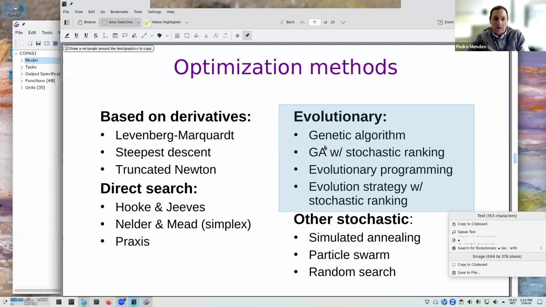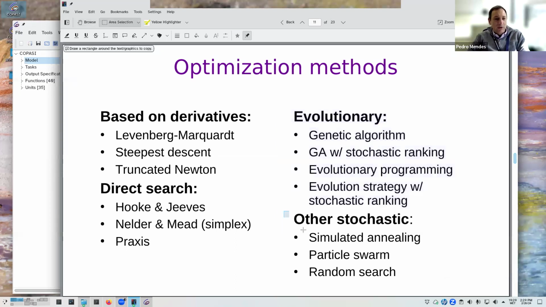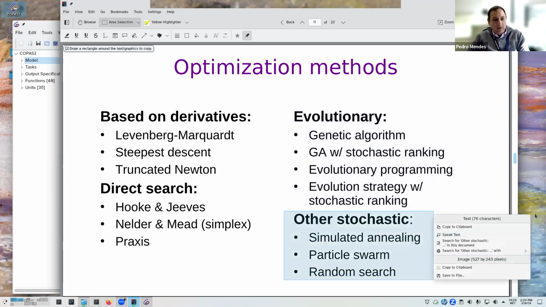So here's the same thing, except now we're applying the laws of population genetics to populations of guess solutions.